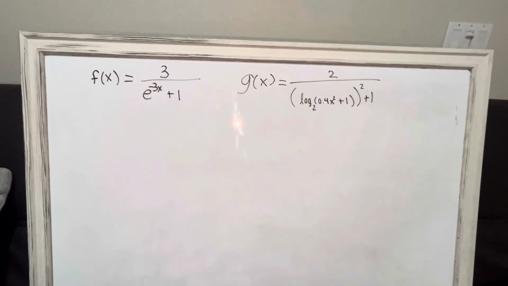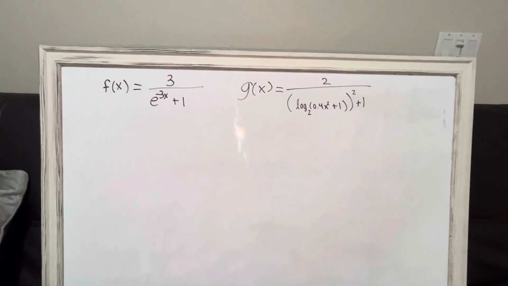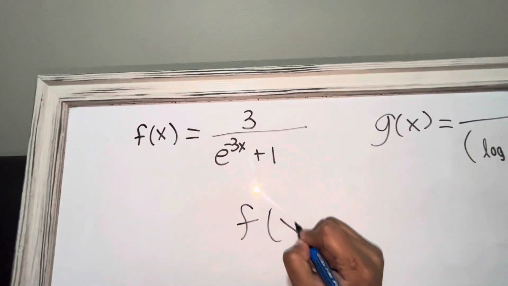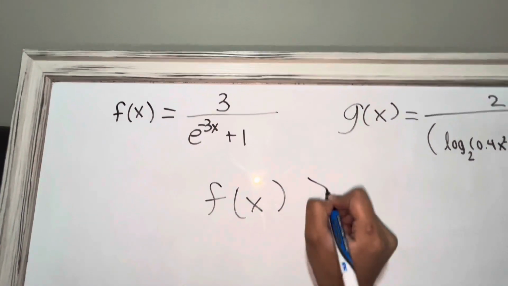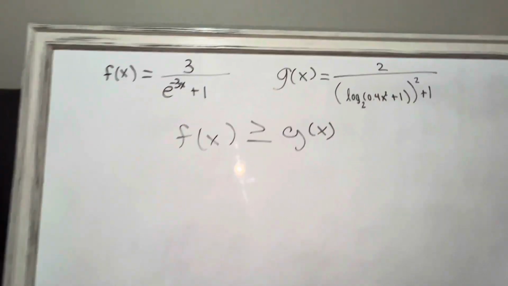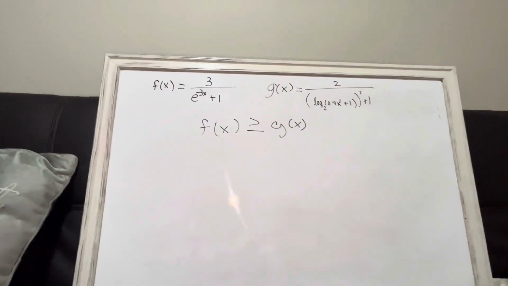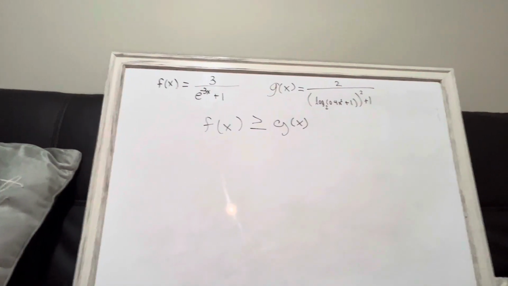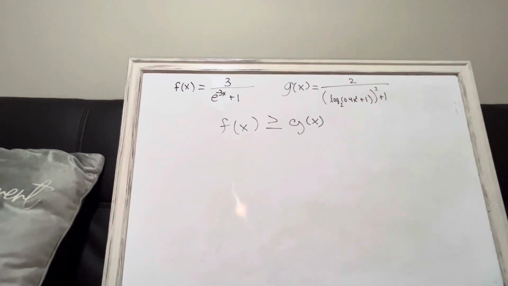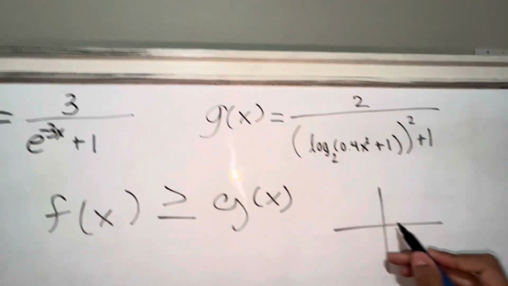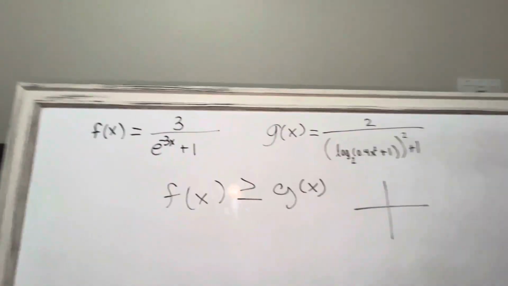So now we are going to determine all values of x for which f of x is greater than or equal to g of x. So how do we do that? If we're going to determine all values of x for which f of x is greater than or equal to g of x, it's asking when is it going to cut through the x-axis. So when exactly will it cut through the x-axis?